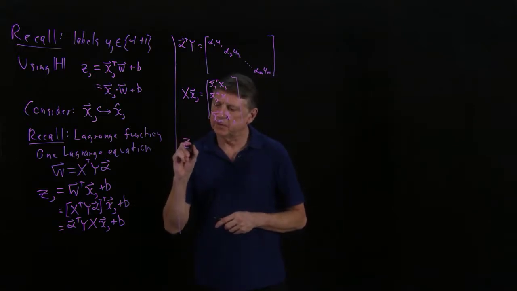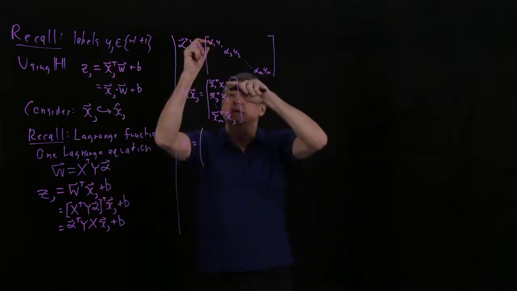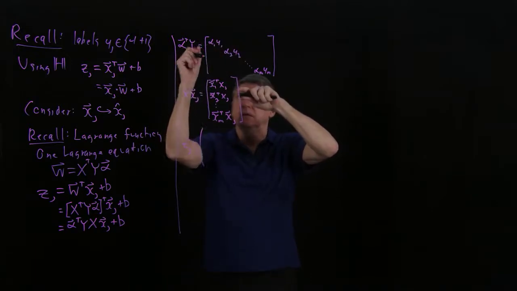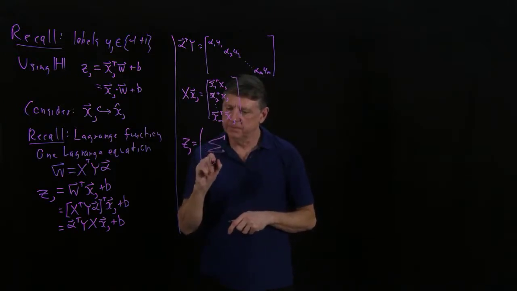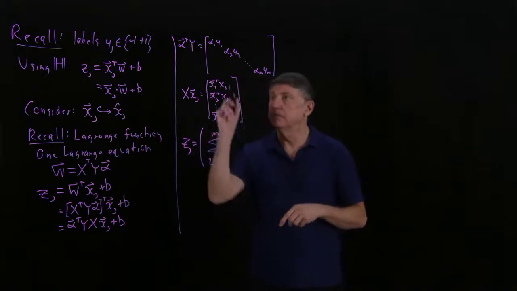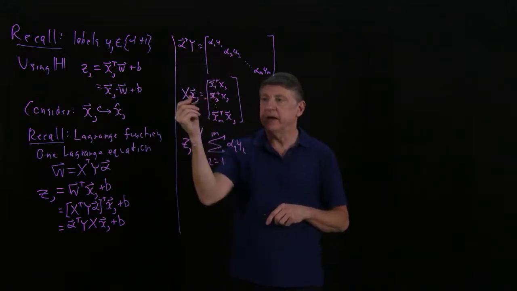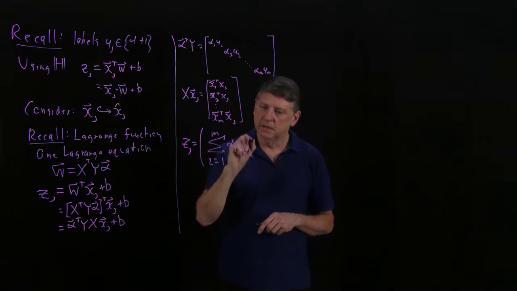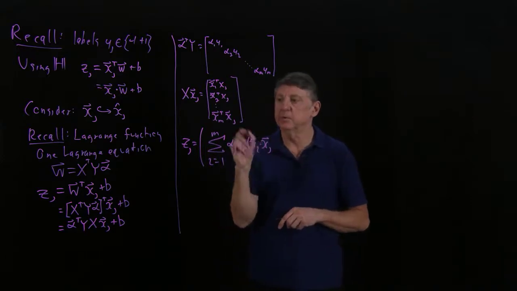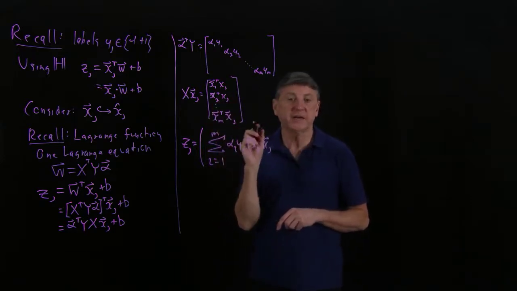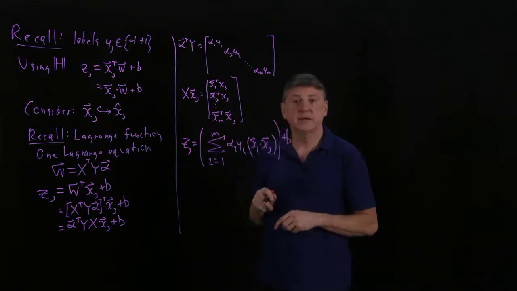That means that our score for the jth data vector will be the sum as i goes from 1 to m of alpha i yi, that's the ith entry here, times the ith entry here, which is xi dot xj, because xi transpose xj is xi dot xj, plus the bias scalar.